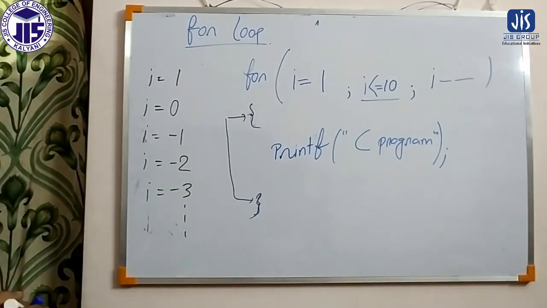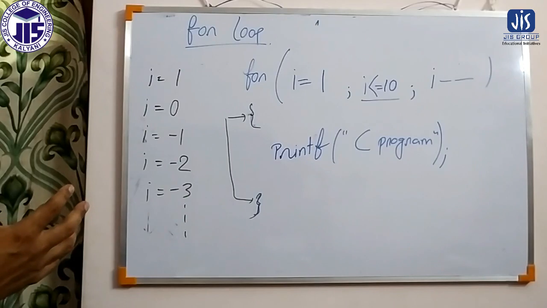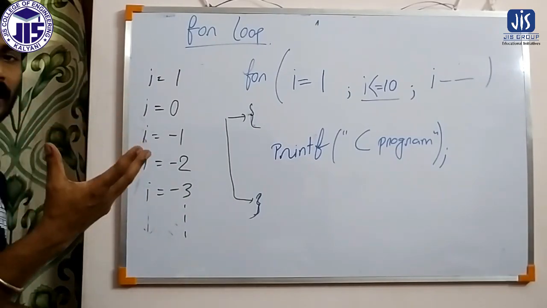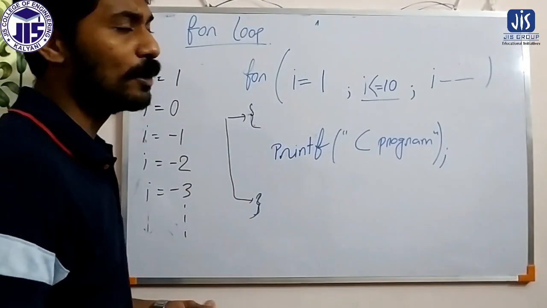In that way, the value of I will always be less than 10. The value of I will never be greater than 10, because we are performing a decrement operation.